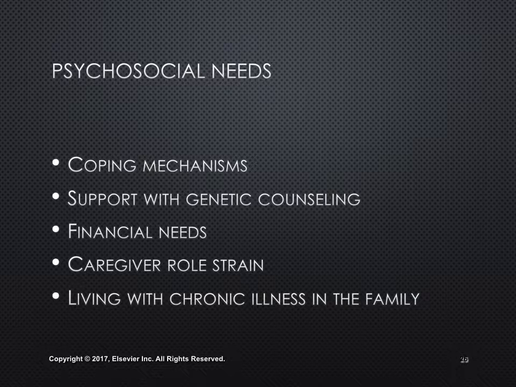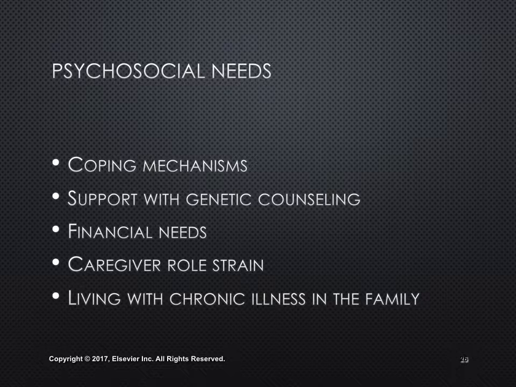We need to give support with genetic counseling so that other family, even if it's a brother or a sister of this child, that they are aware that they have the trait so that as they're having their own children, they understand that they may be passing this on to future generations.